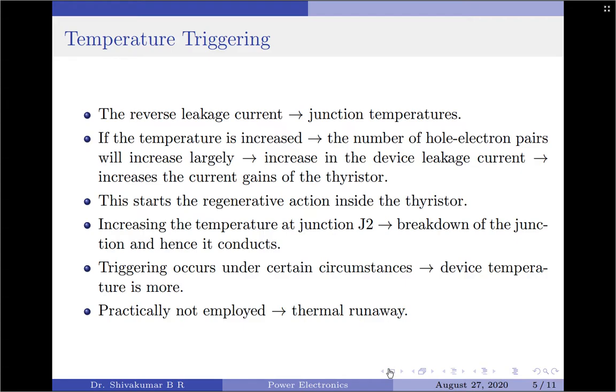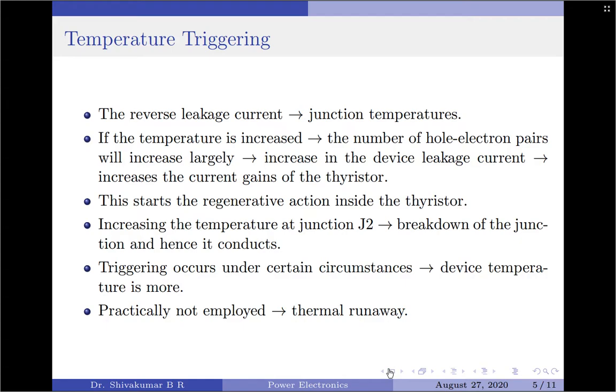Now if the current gains increase, then this starts a regenerative action inside the thyristor, since alpha 1 plus alpha 2 will approach unity, and this type of approach may cause very large currents across the thyristor, and the thyristor may break and trigger in a false way. In essence, increasing the temperature at junction J2 causes the breakdown of the junction, and hence the device starts to conduct.